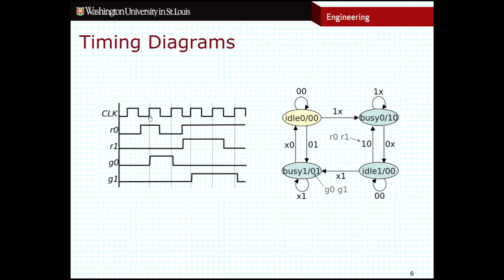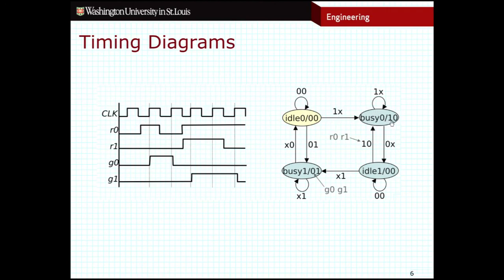The next time I see a rising clock is right here, and I see that process 0 has requested the disk. So what that means is that I'm going to follow this transition over to the busy 0 state. You can see that the inputs here match. Process 0 has requested it, so I'm going to give it access to the disk.